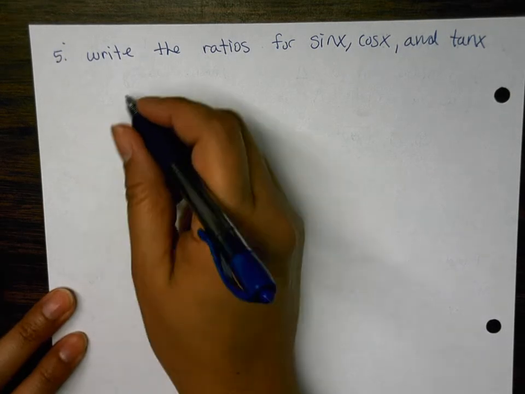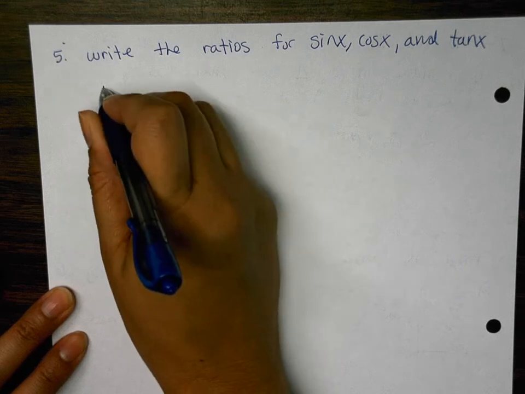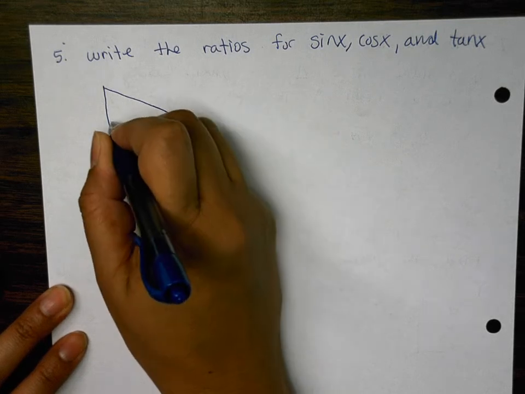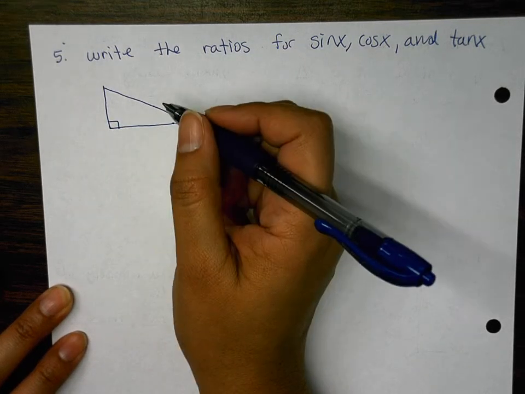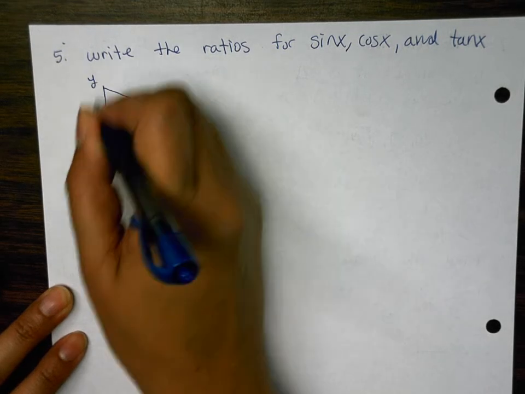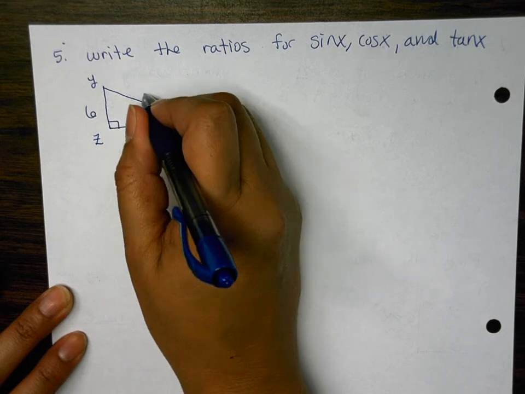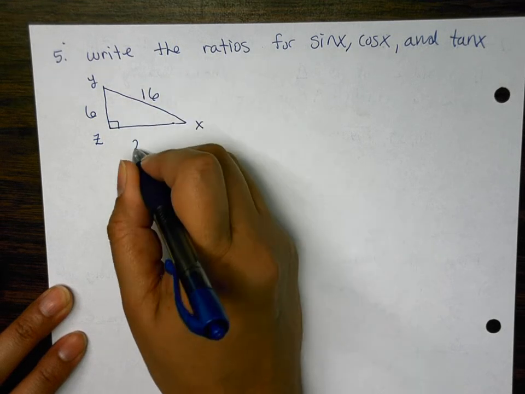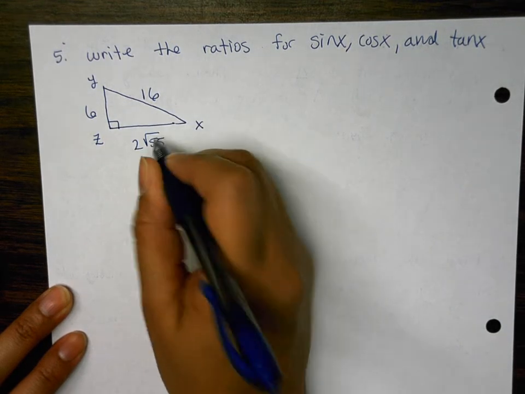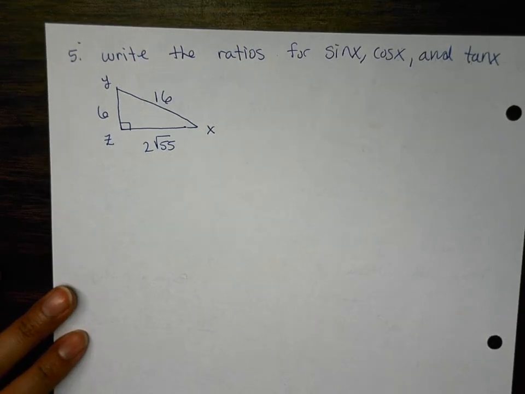Here's the picture. All right, 6, 16, and 2 root 55.